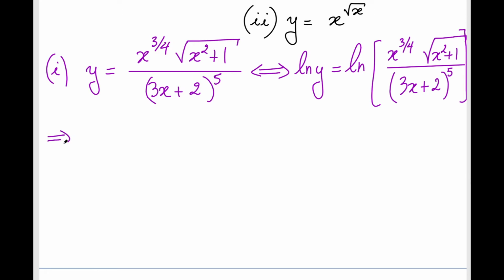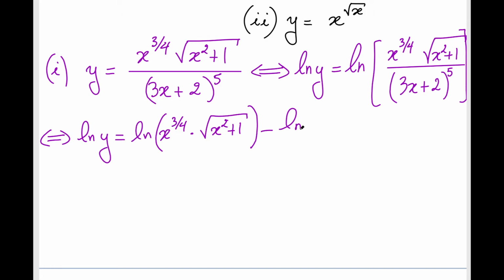So ln of y equals ln of x^(3/4) times the square root of x squared plus 1, minus ln of (3x plus 2) to the power 5. This is by property 2.